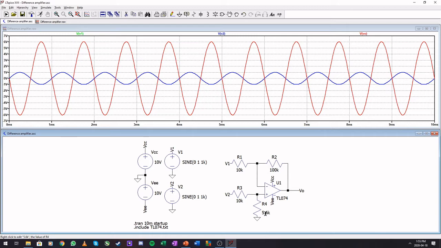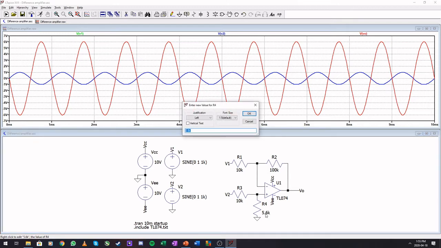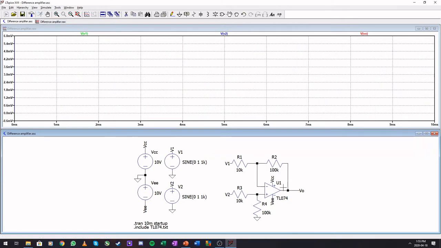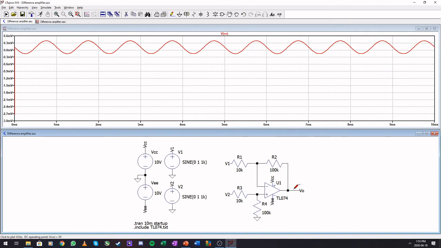Now, for the second case, this resistor was 100 kilo ohms. So if we would run this, our output would suddenly be very small in comparison. But the gain for both sides should be 10.